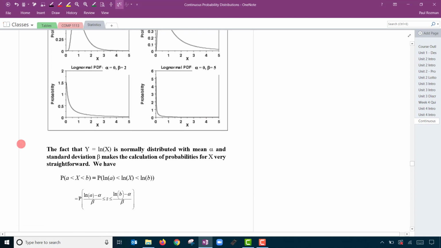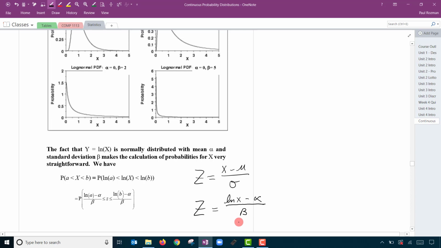How do we do these calculations? Typically, when we had a normal distribution, we calculated z-scores, and then we were able to look things up in our z table, and that was x minus mu over sigma. Well, now we have a new variable here. We're going to do a transformation on x, so we'll have the natural log of x minus the mean of those natural logged values, which is alpha, divided by the standard deviation of those transformed variables, beta, and then everything is the same.